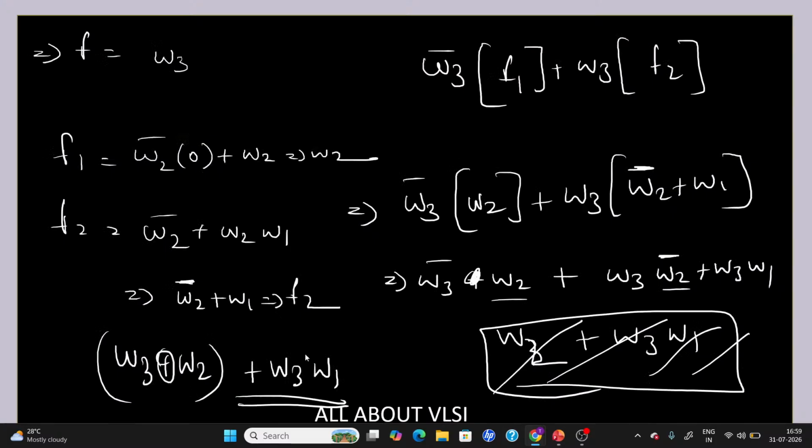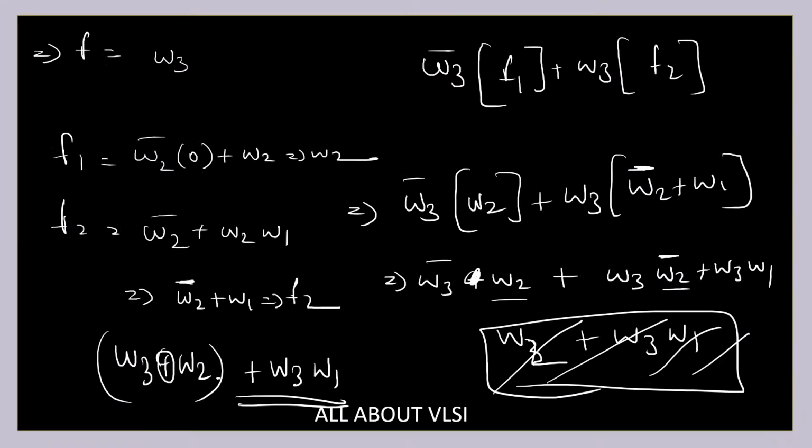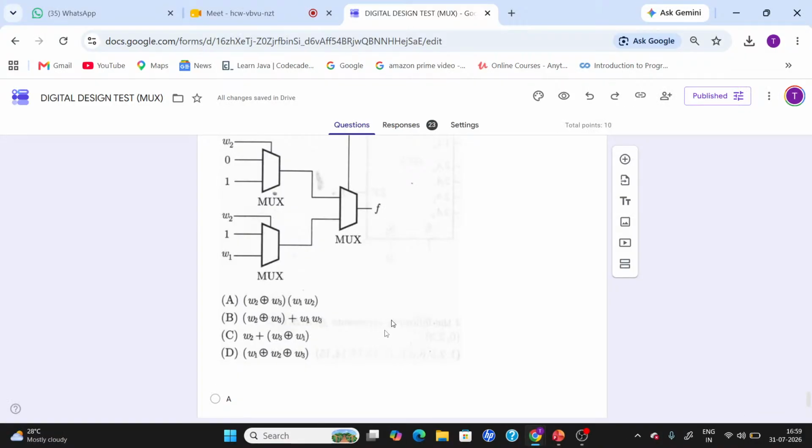We got the XOR term, W3 XOR with W2, plus W1 into W3. Once I will cross verify this question, whether we are going to have this term or not.